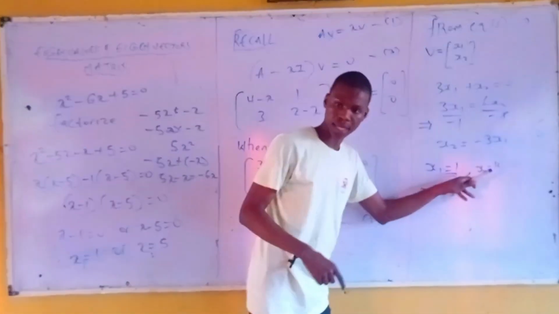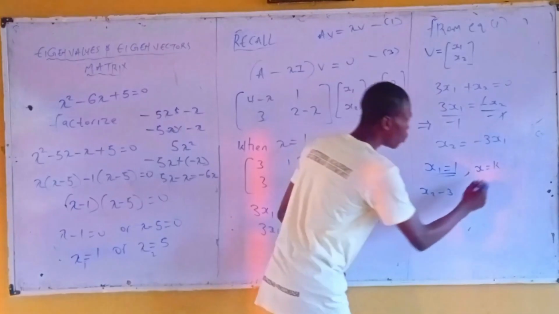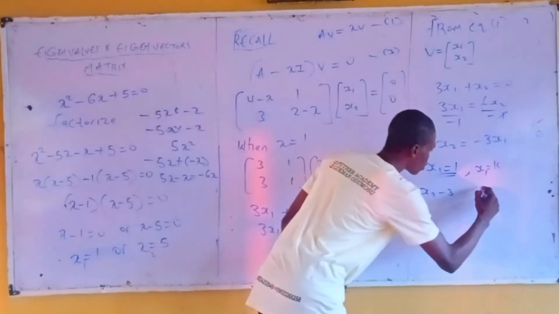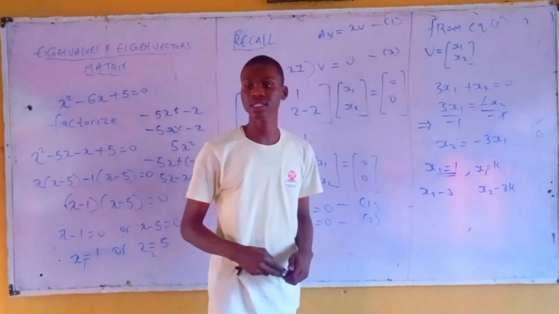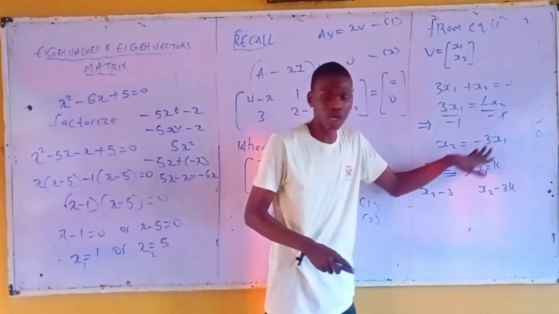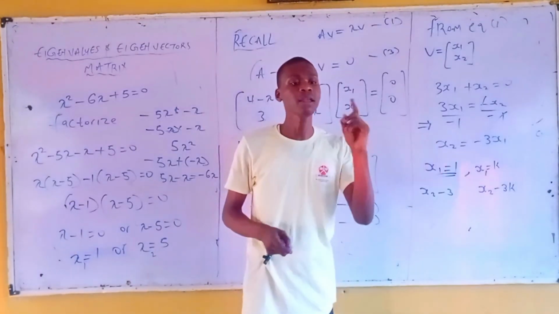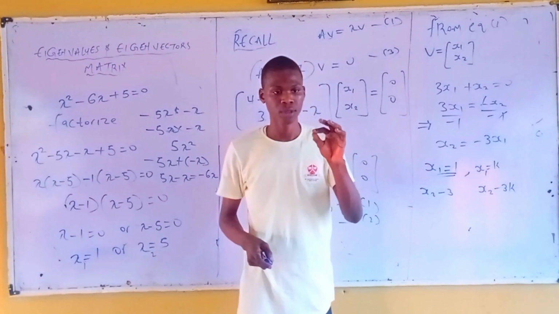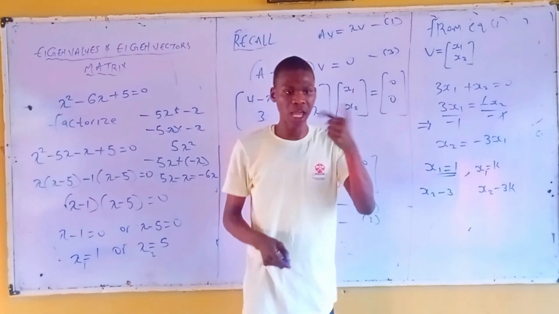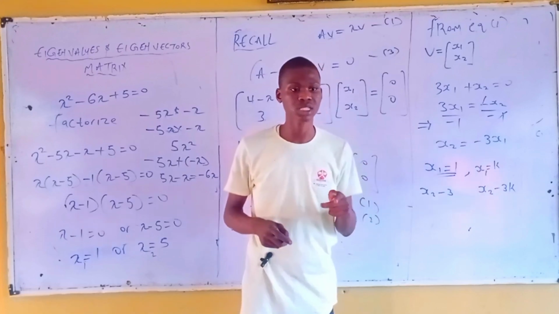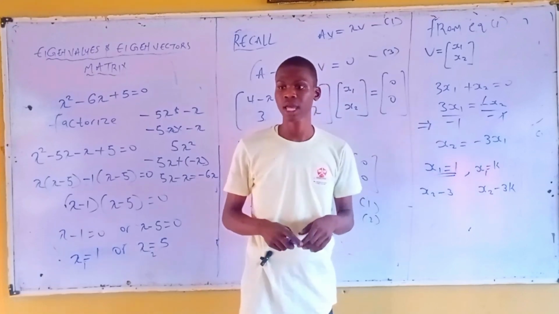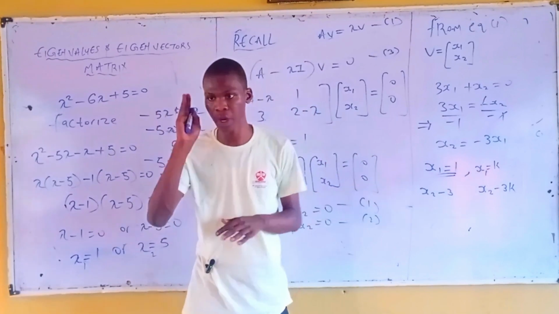When x1 is k, x2 becomes negative 3k. Are you getting the logic? So what this equation means in general is that any value of your x1 multiplied by negative 3 will give you x2, any value you assume for your x1.